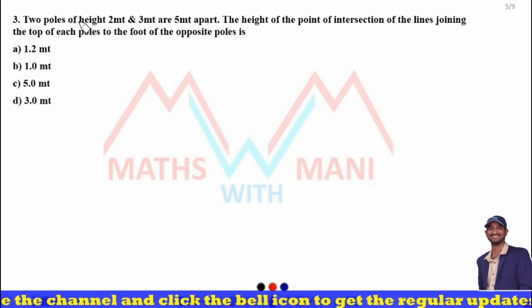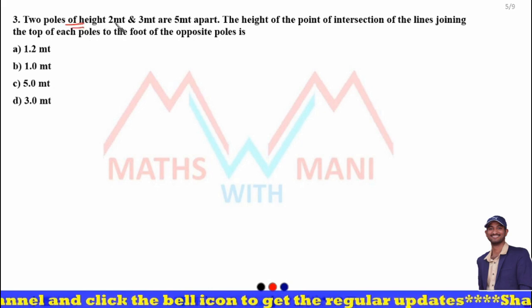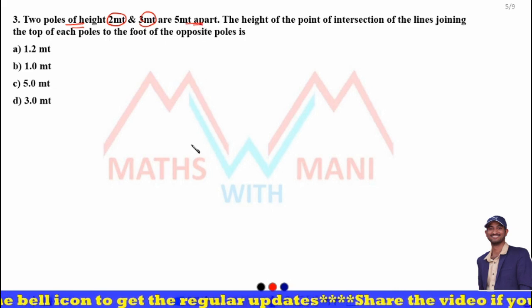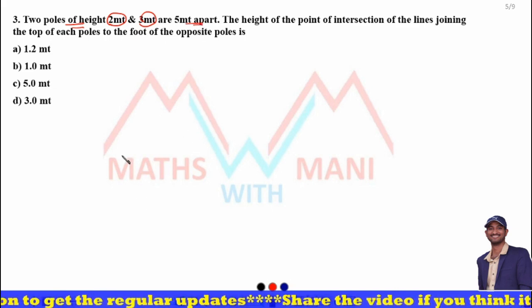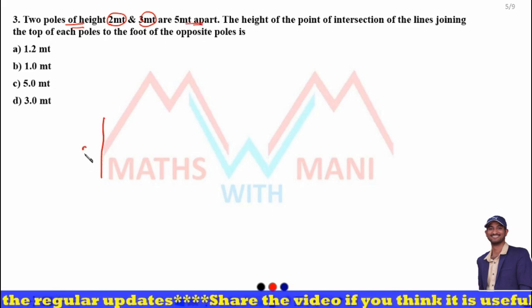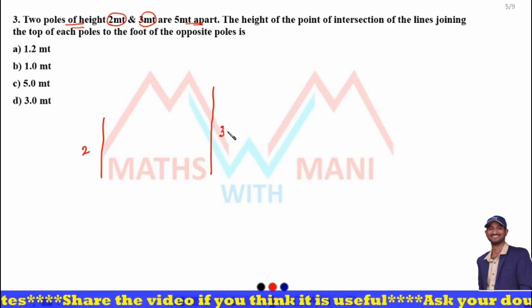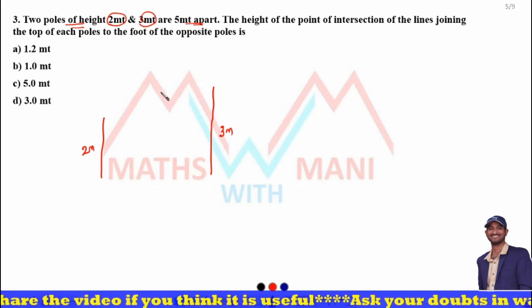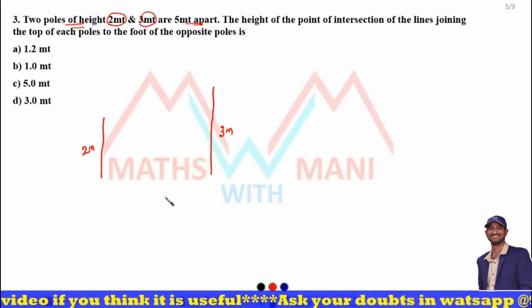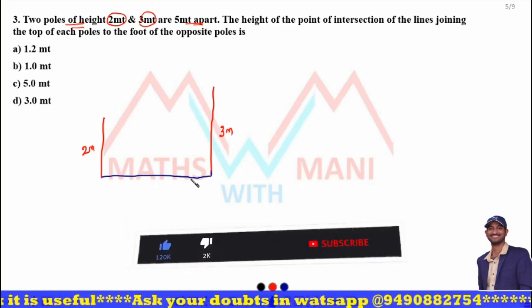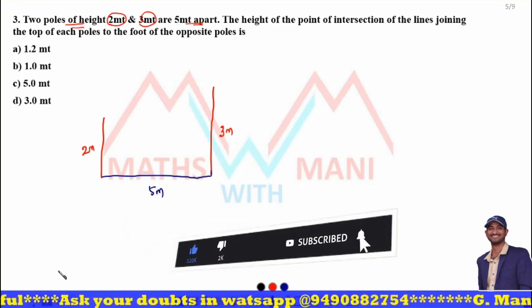Yes, see the third one. Two poles of height 2 meters and 3 meters which are 5 meters apart. Two poles are there. One is 2 meters in height and another one is 3 meters in height. And what is the distance between them? 5 meters apart. That means the distance between these two poles is 5 meters.